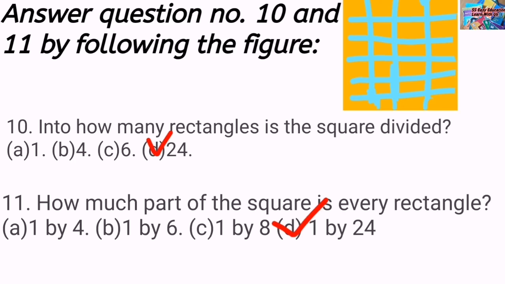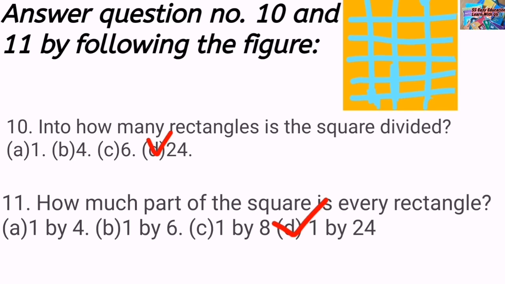Now let's move on to number 11. In number 11, it is said, how much part of the square is every rectangle? Option A, 1 by 4. Option B, 1 by 6. Option C, 1 by 8. Option D, 1 by 24.